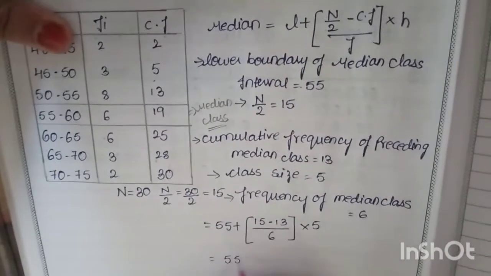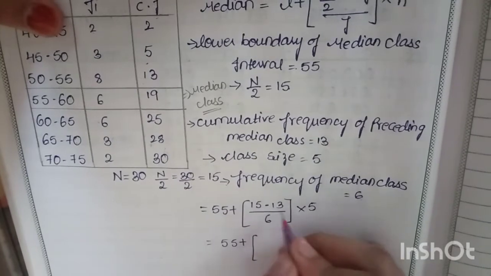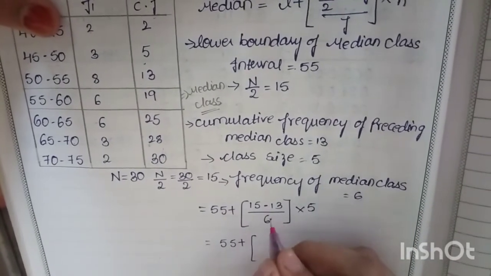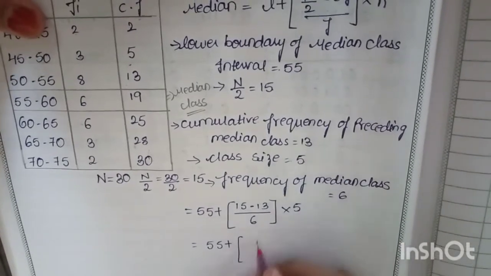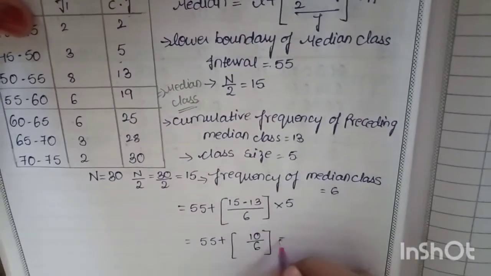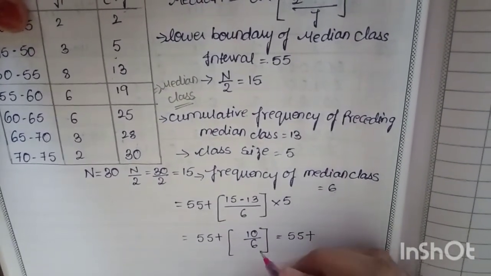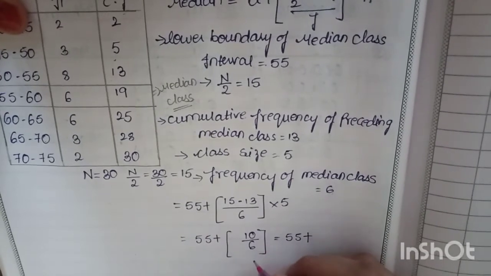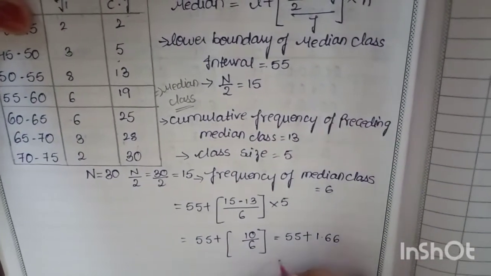So 55 plus, on subtracting 15 minus 13 you get 2. When you multiply 2 into 5, the answer is 10. 10 by 6. Okay. Next 55 plus, on simplifying, when you divide 10 by 6 the answer will be 1.66.